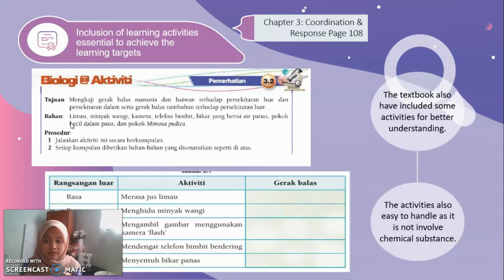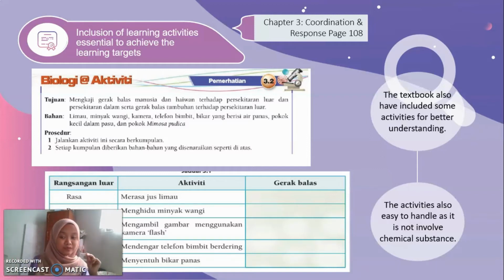The materials needed are quite easy to get, such as lemon, perfume, camera, and headphones. In this table, there are external stimuli like taste, smell, light, noise, and also heat. And the activity such as tasting the lime.